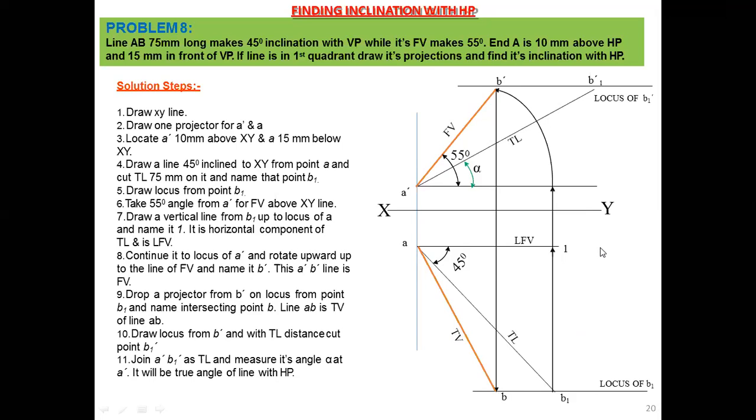Draw an arc until this arc line meets the locus of A. From this point, draw a vertical line. When it meets the locus of B dash, that point is the locus of B1 dash. Now you got the B1 dash. Join it with A dash. That is the true length.